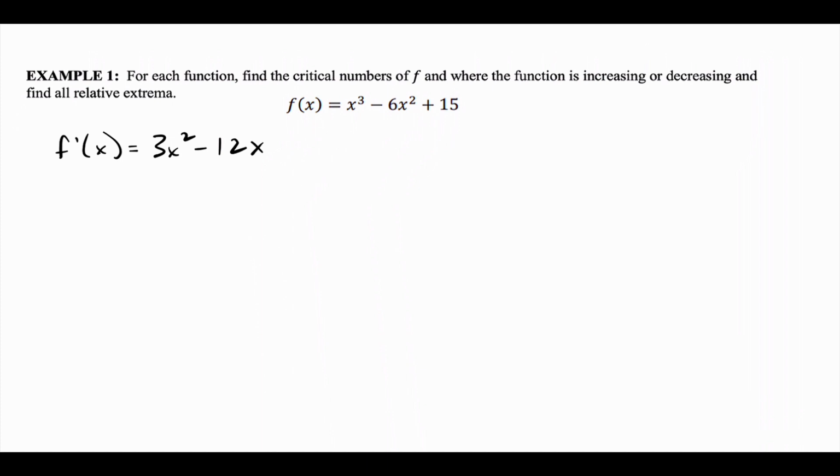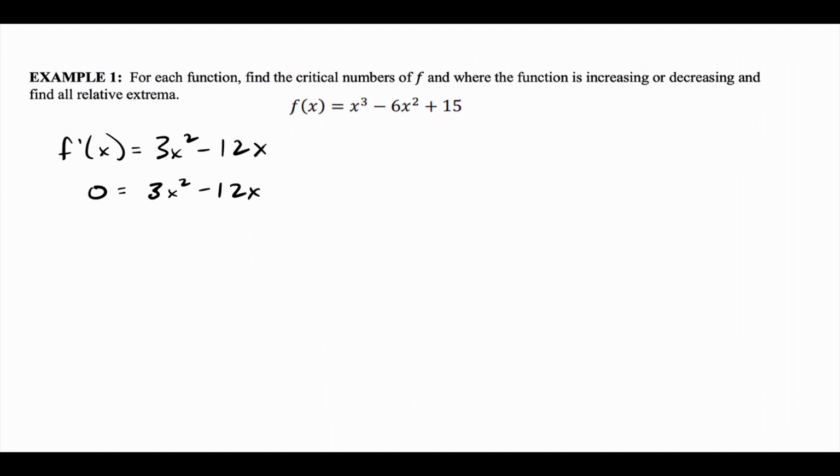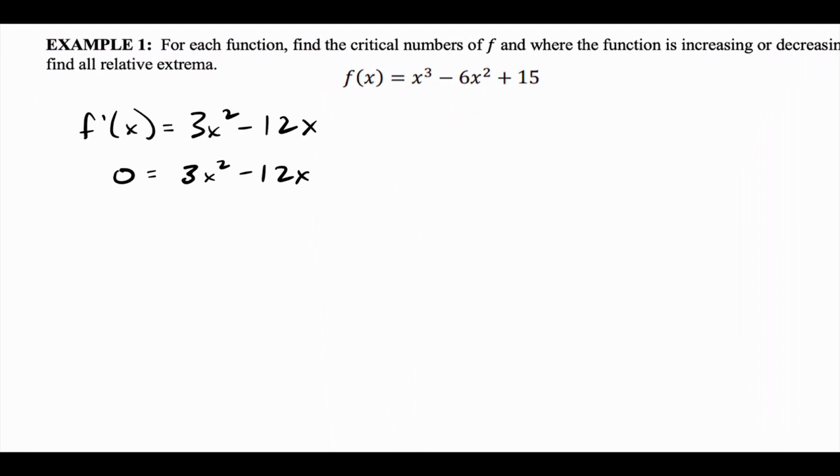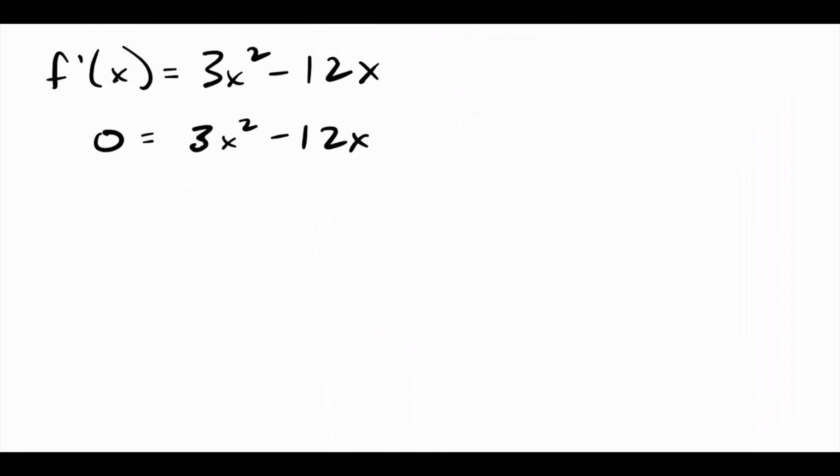We're going to figure out where that equals 0. So how do I do that? Set it equal to 0. Solve for x. Well, it's a binomial. It's got a GCF. The GCF is 3x.